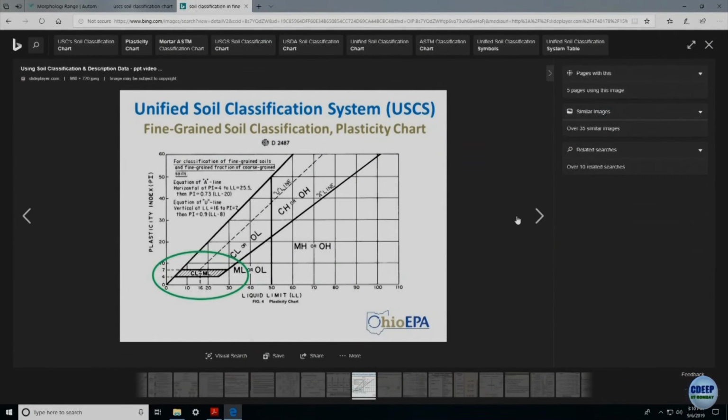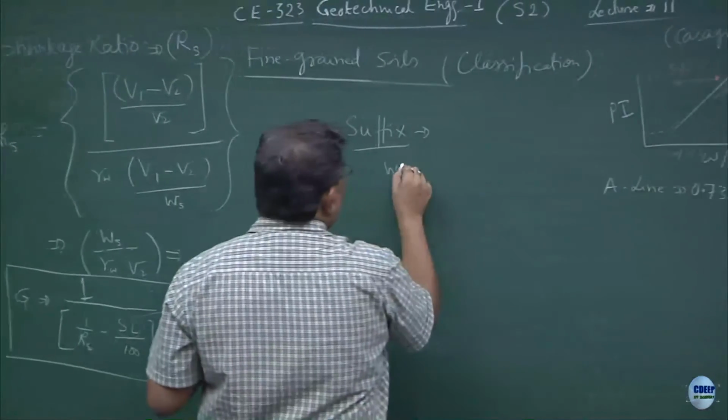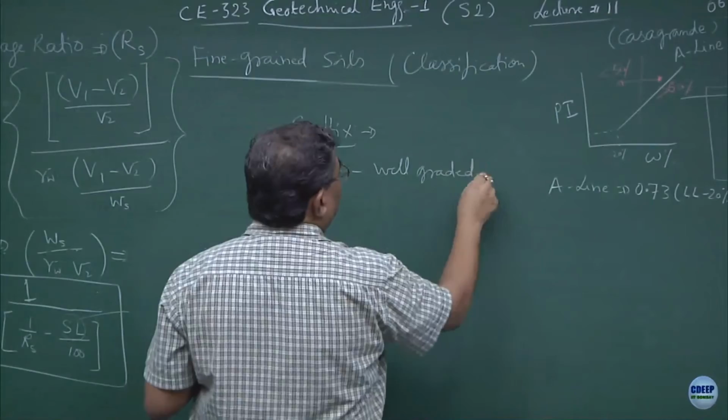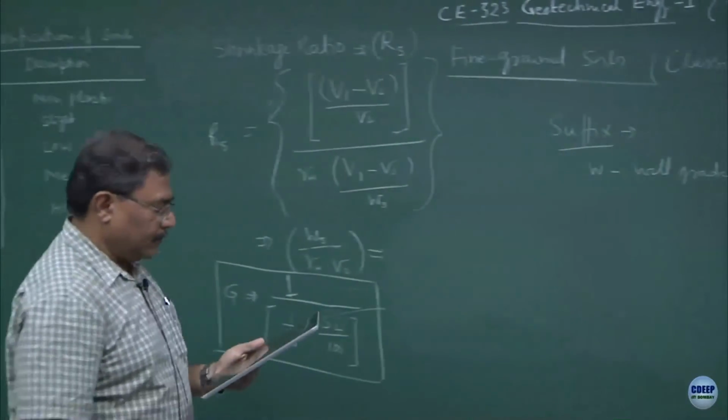This is followed by the subgroup, we call them as suffix. These are the prefixes, and the suffix would be W for well graded. We discussed about this in the previous lecture. What is a well graded material?